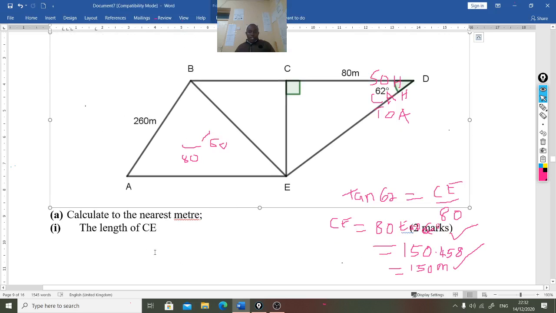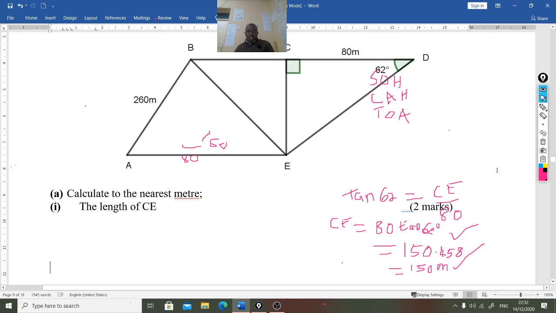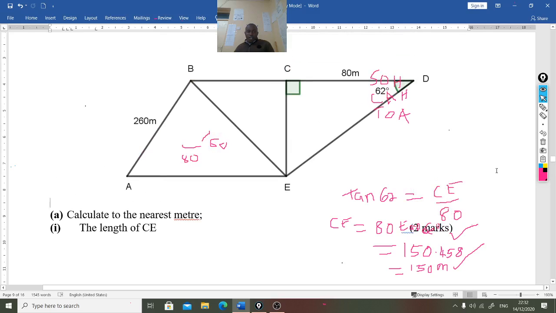How can we find the length of AE? To get the length of AE, we need from A to E.